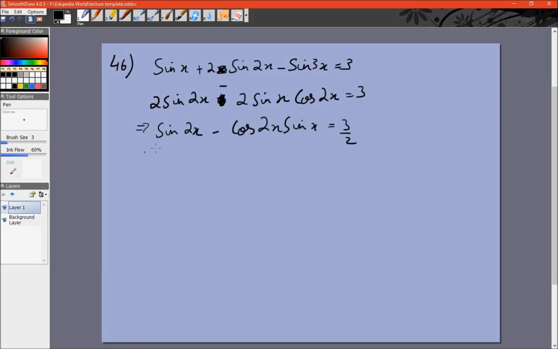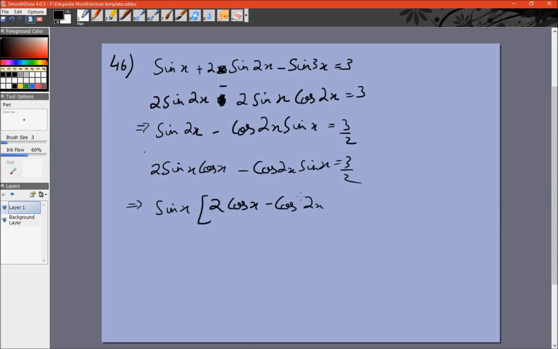We can write this as 2 sin x cos x. So what we'll get is minus cos 2x sin x is equal to 3 by 2, which means sin x times (2 cos x minus cos 2x) is equal to 3 by 2.